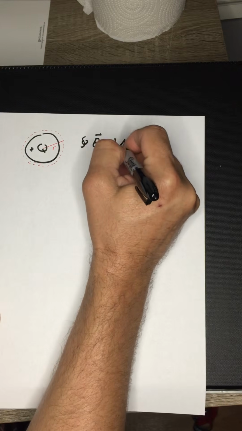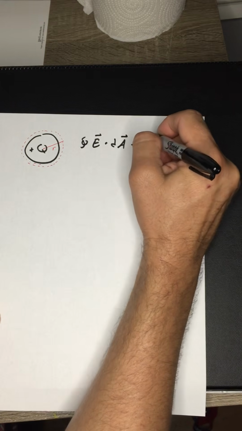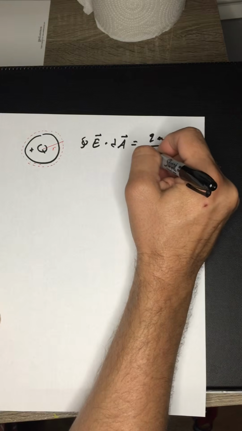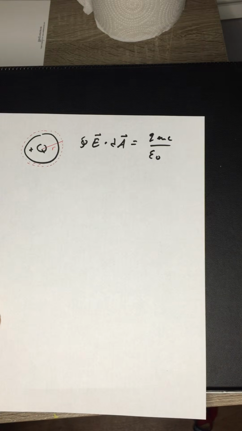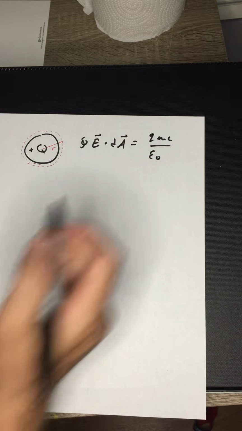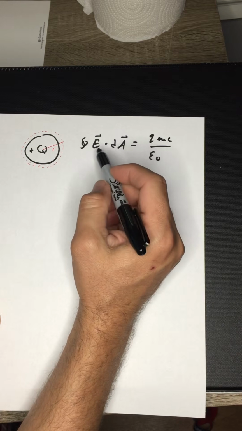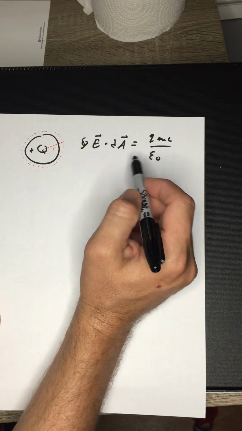The integral of E dot dA is equal to Q enclosed over epsilon naught. Well, now I need to deal with the left-hand side. From previous work, I've set this up.